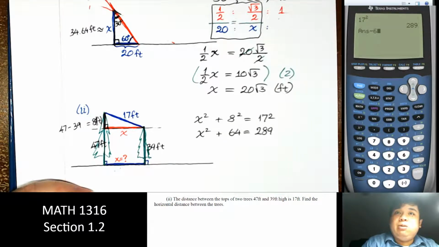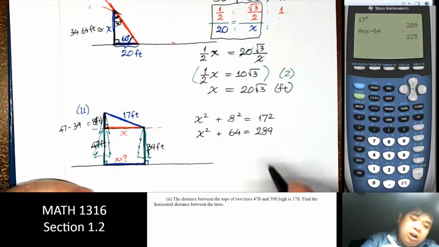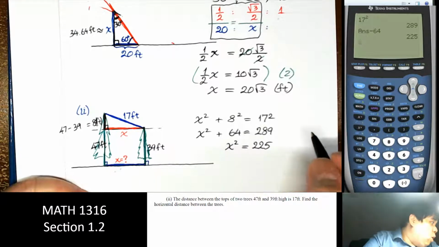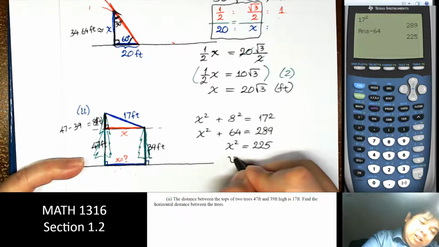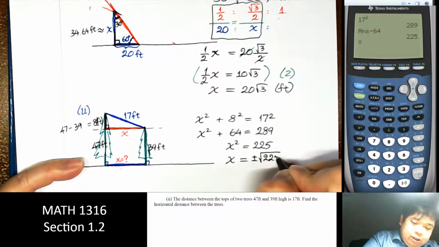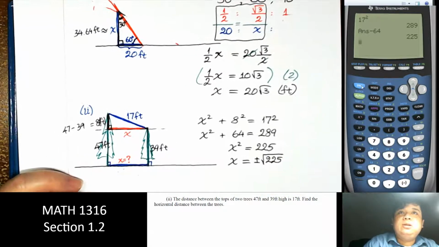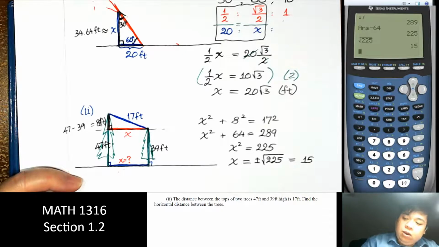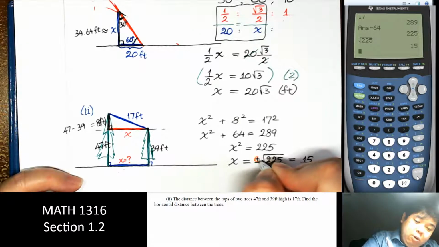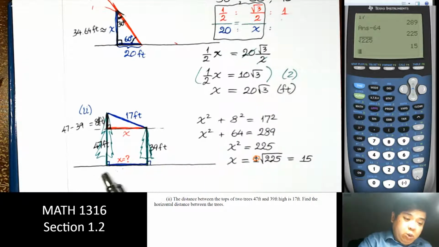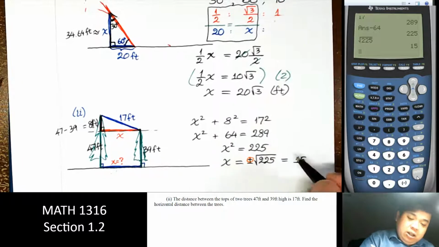Minus 64 on both sides, x squared equals 225. Take the square root on both sides: x is plus or minus square root of 225, which is 15. Once again, we can only choose positive because the measurement must be positive. So the horizontal distance between the trees is 15 feet.